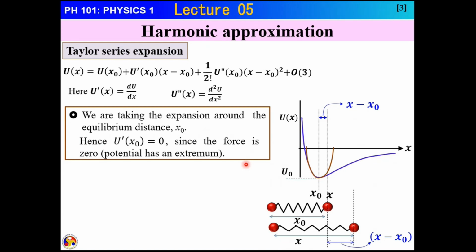And for the equilibrium position, we know that the force happens to be 0, and the relation between force and potential is a derivative. So F is equal to minus du by dx. It means that here the first derivative will be 0.